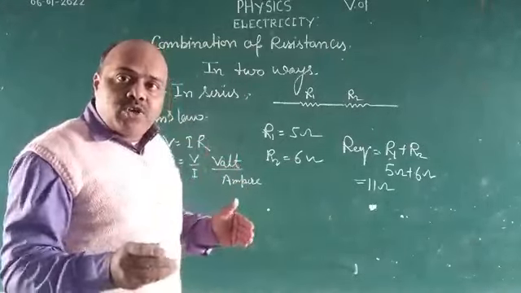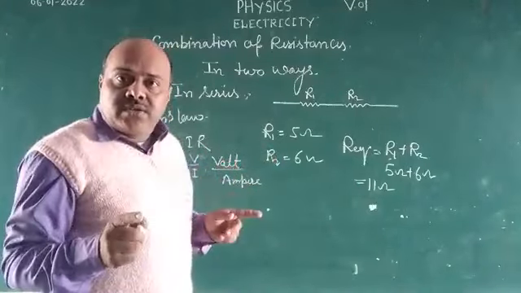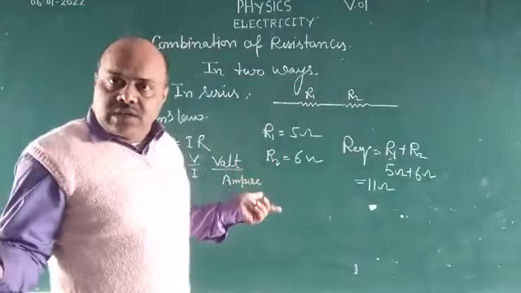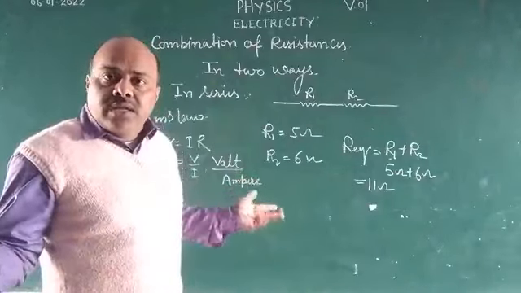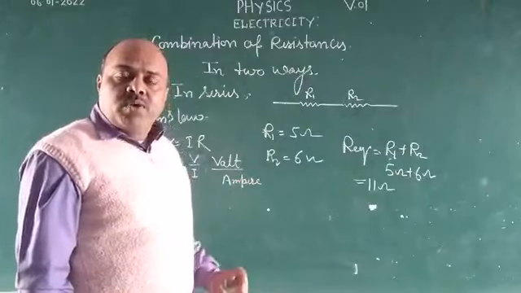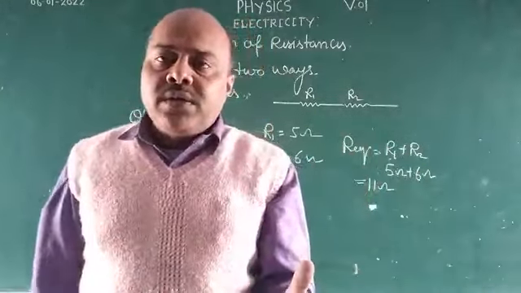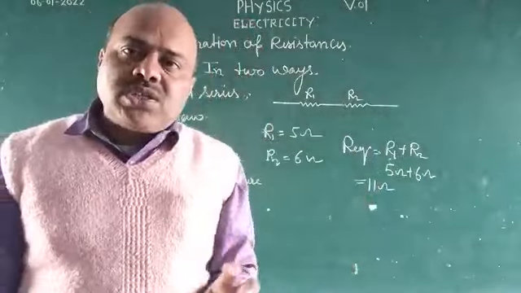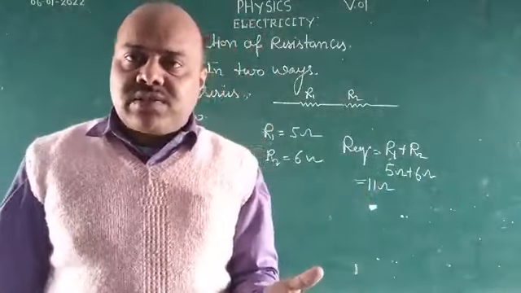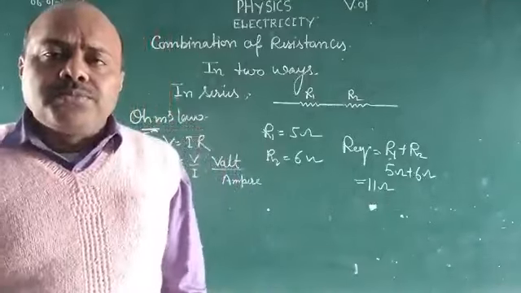And we require the combination of resistances to increase or decrease the electric current in electrical appliances or electric circuits, like in radio and television and other electrical instruments. If we want to increase or decrease the amount of current, we should connect two or more resistances in series and parallel.